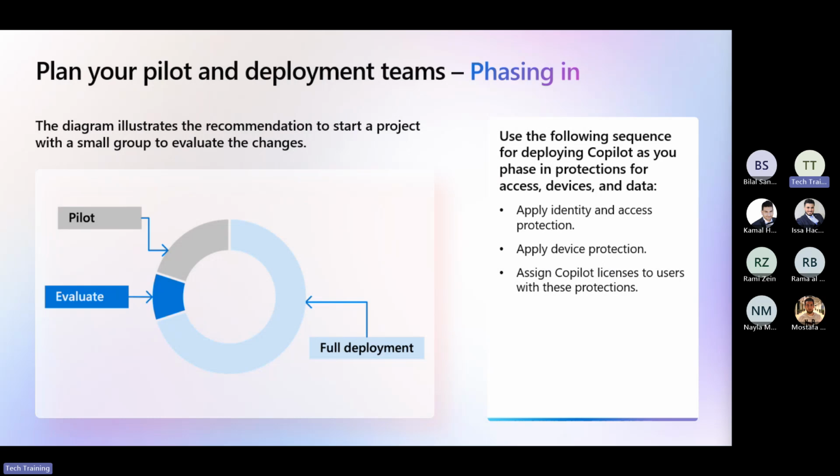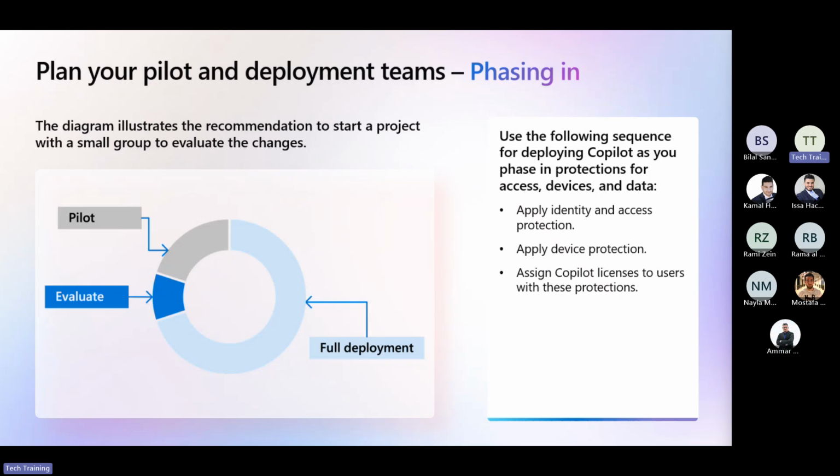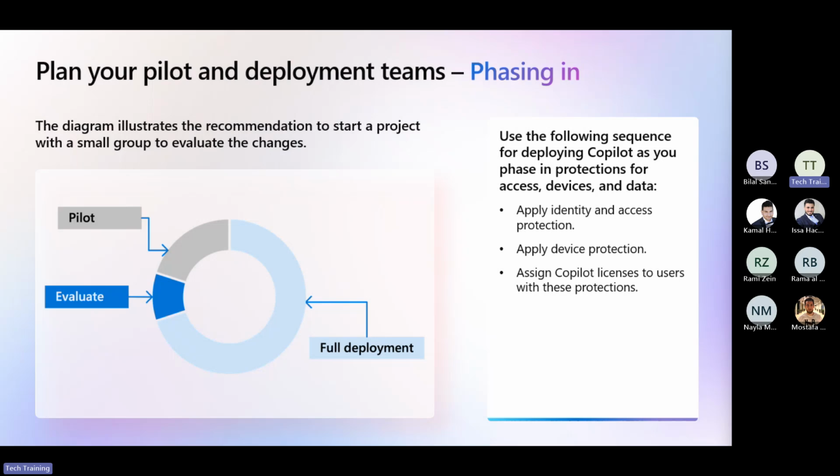So you start with piloting, and after that you evaluate and see how everything went with this small part of the users or of the devices. Then after evaluation, you might enhance some things within the piloted services or devices, after you make sure that everything complies with the general policy of the company and with what you want as an administrator. Then you go ahead and start with the full deployment.